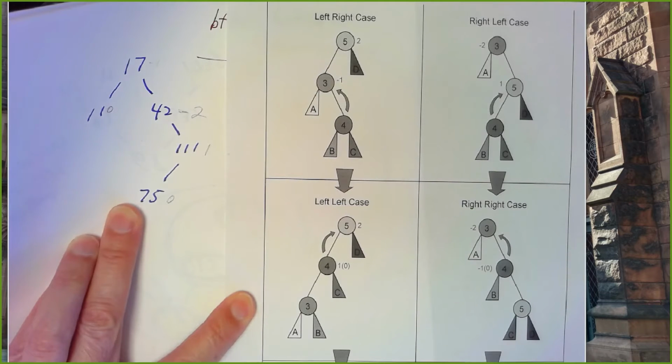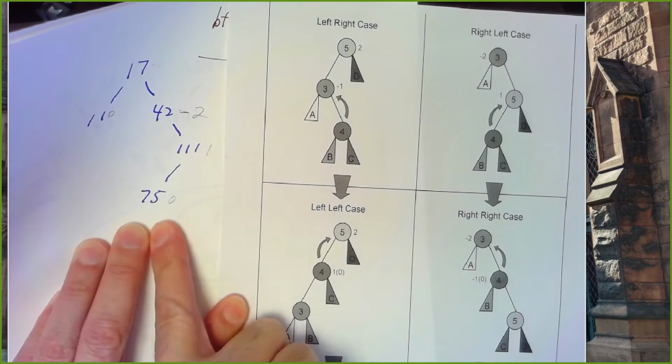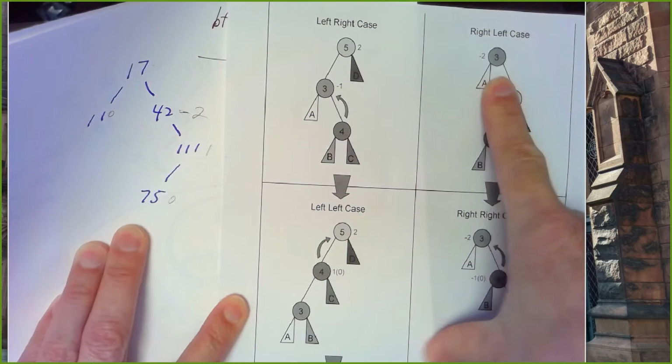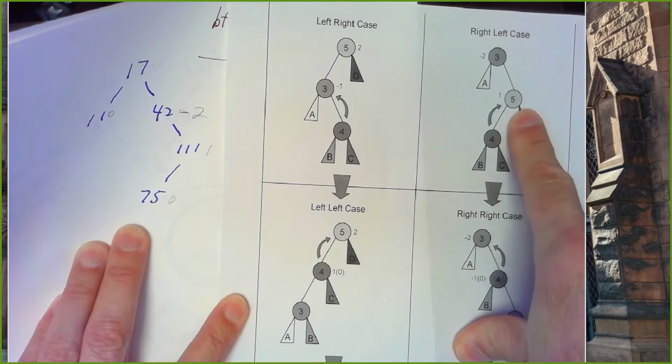Yeah, so we're looking at the balance factors. -2, right child is 1, left child of that is 0. That only matches the right-left case. Node has a balance factor of -2, and the right child has a balance factor of 1.